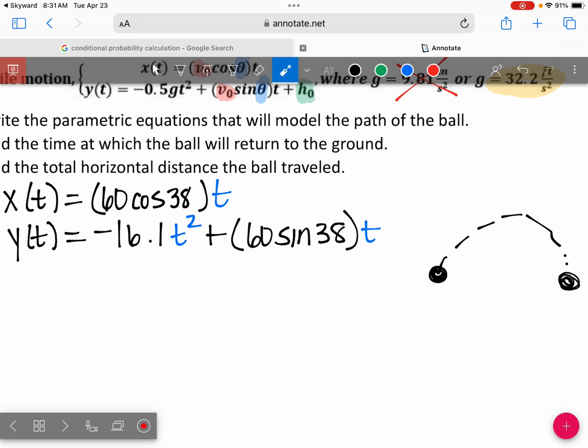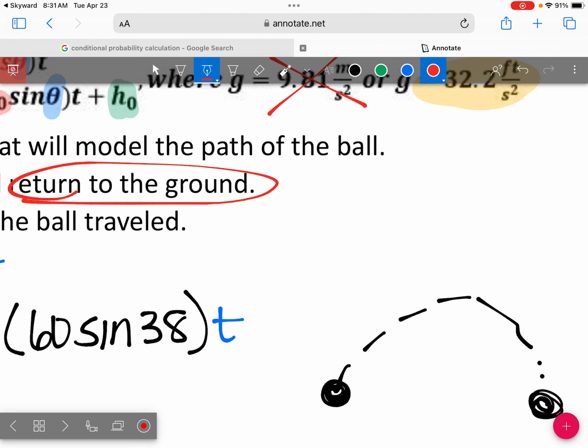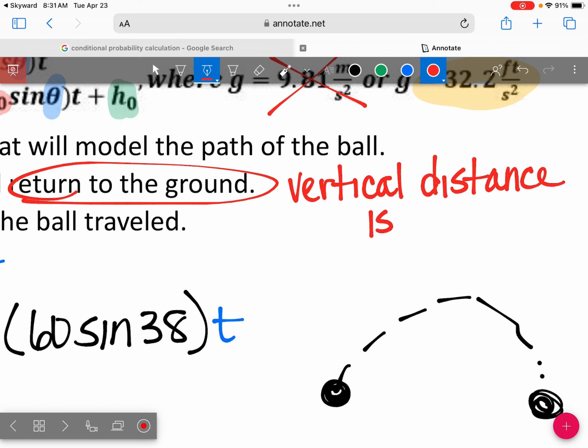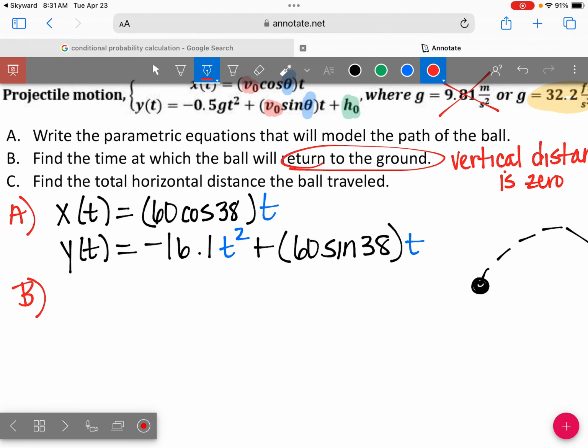So that means that because it's on the ground, I'm going to write vertical distance 0, that I can use the y parameter to solve for t. I can't use the horizontal parameter because I don't know the distance the ball traveled horizontally.